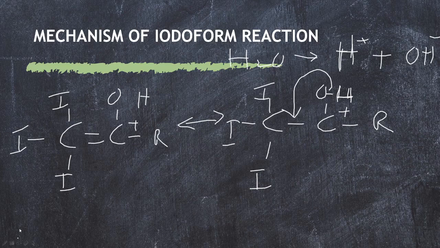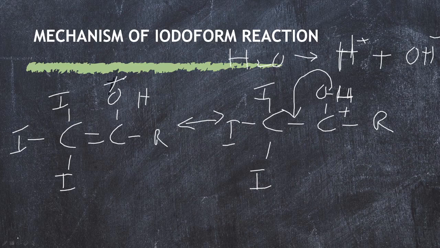So what's going to happen is that it's going to lose this positive charge in this second resonance structure, and due to the fact that oxygen will have this charge, something like this. That's our two resonance structures.